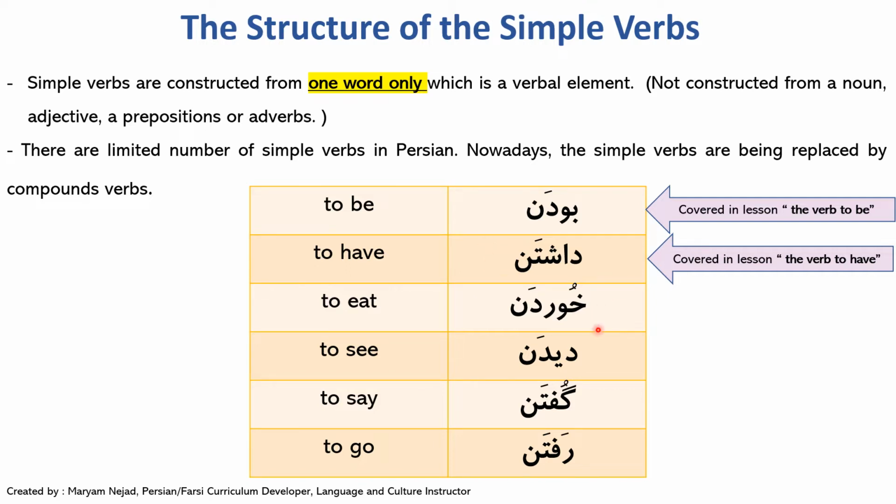But now here are more examples. So this one is khordan, didan, guftan, and raftan. As I said in the previous slide, there are a limited number of simple verbs, and nowadays the simple verbs are being replaced by compound verbs.